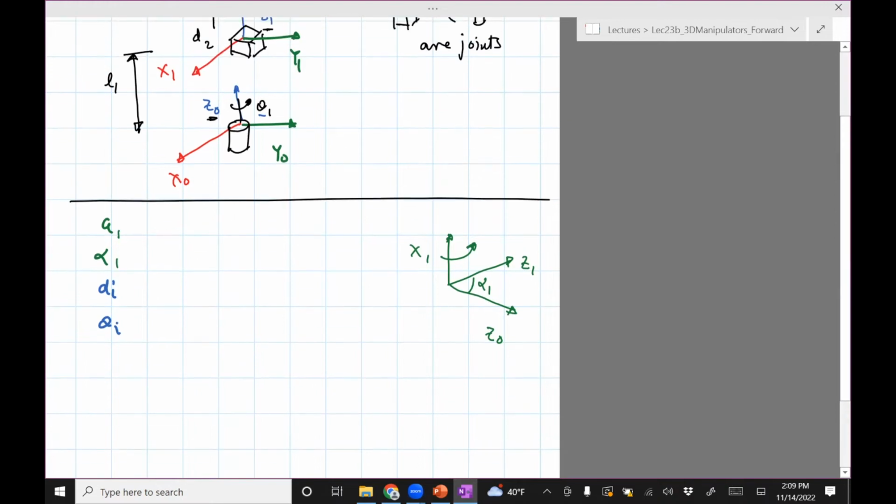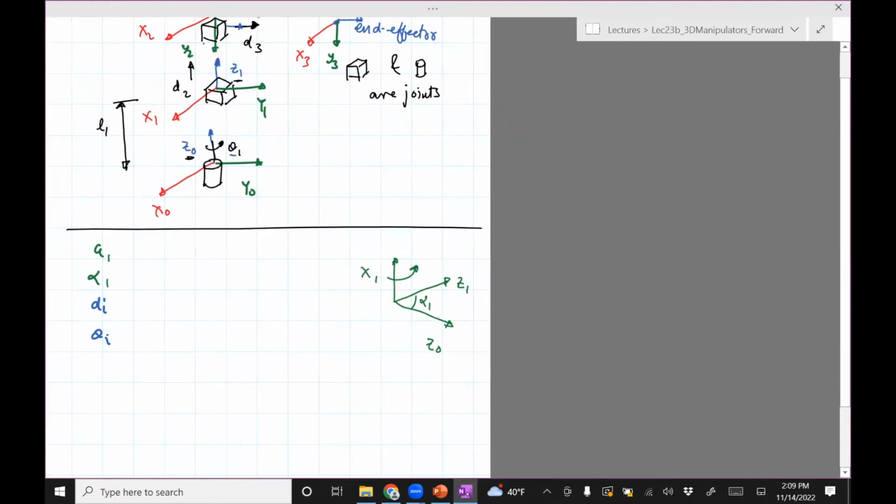Z0 is here, z1 is also up, and x1 is pointing this way. You can see that z0 and z1 are actually in the same line, which means the angle between them is 0. And so alpha 1 is 0.